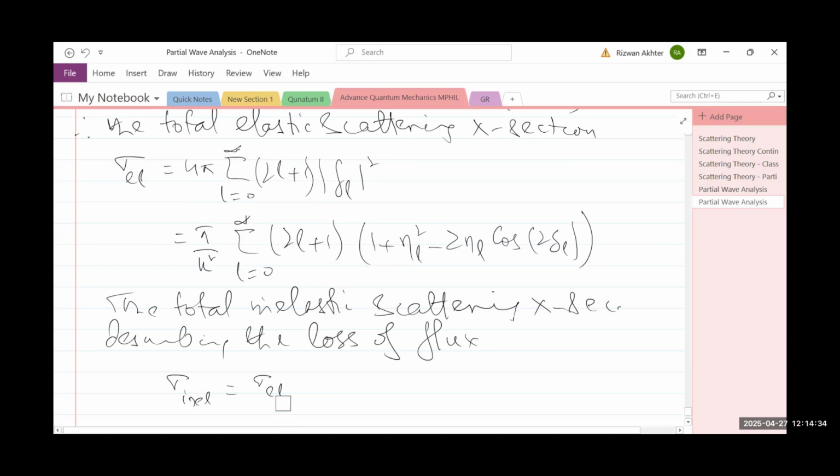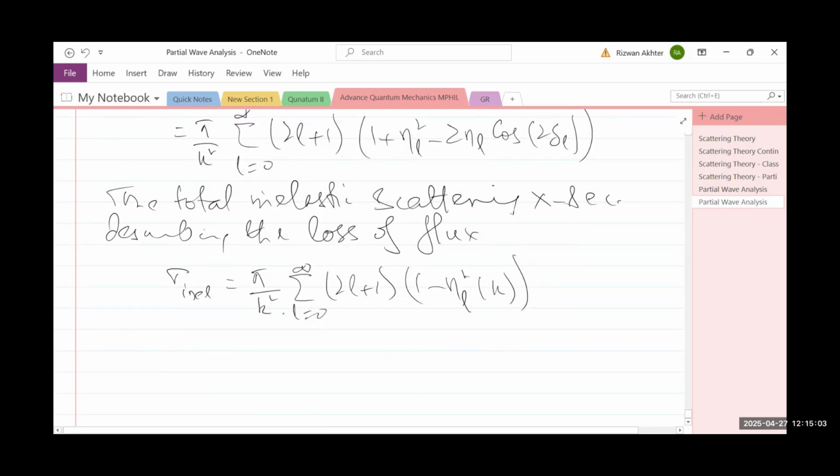So that would be the part with pi upon k square, summation L equals 0 to infinity, and again the 2L plus 1 factor, and the part which is basically responsible for the absorption, so that is 1 minus eta_L square of k.